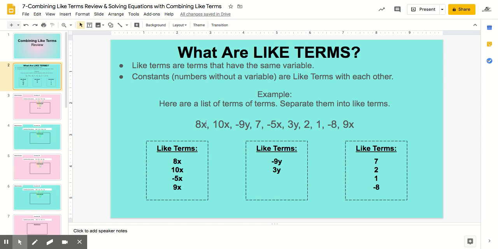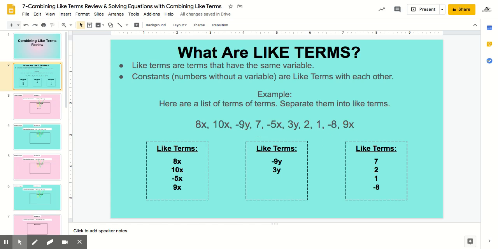Okay, so let's look at an example. Here I have a bunch of random terms listed in this list. We're going to categorize them into like terms. Again, I'm only looking for the terms to have the same letter, or the same variable, next to them. So 8x, 10x, negative 5x, and 9x are all like terms because they have an x.